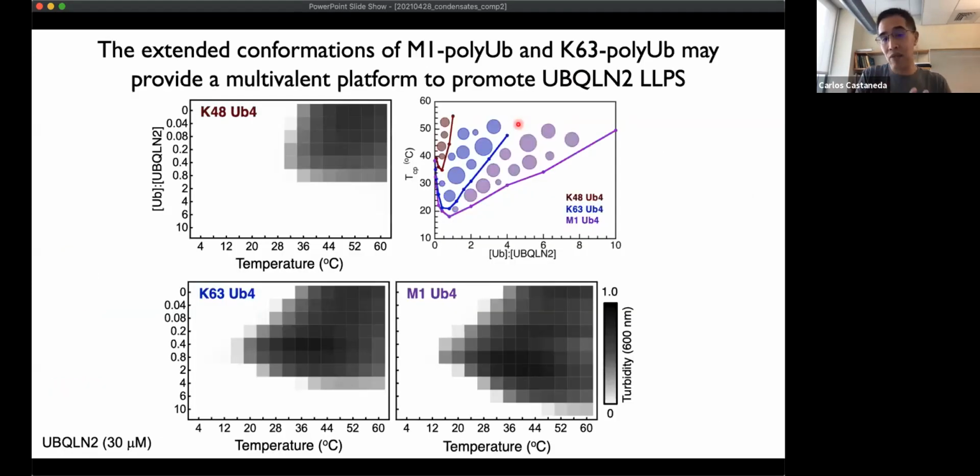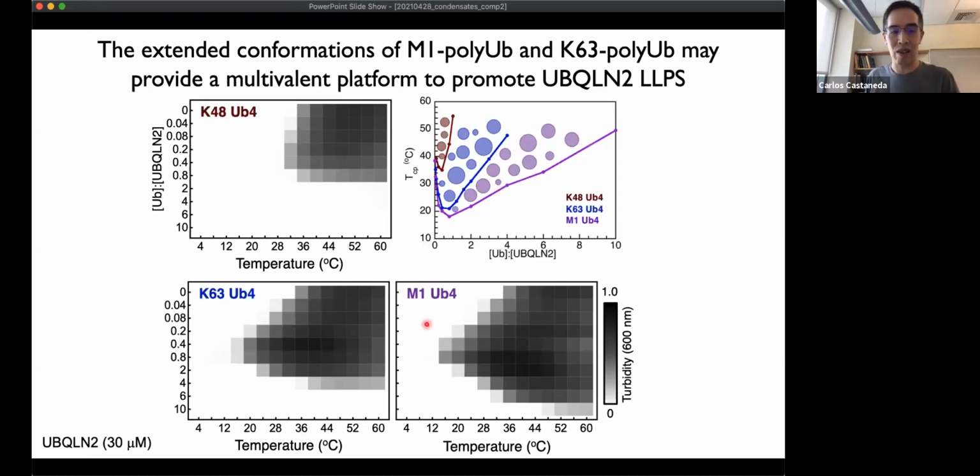We quantify this even further by making these phase diagrams. Once again, you can see that we are promoting phase behavior. You can see this downward trend as we initially titrate in ubiquitin, right? Eventually, this starts to come back up because the chains are going to eventually drive the disassembly.